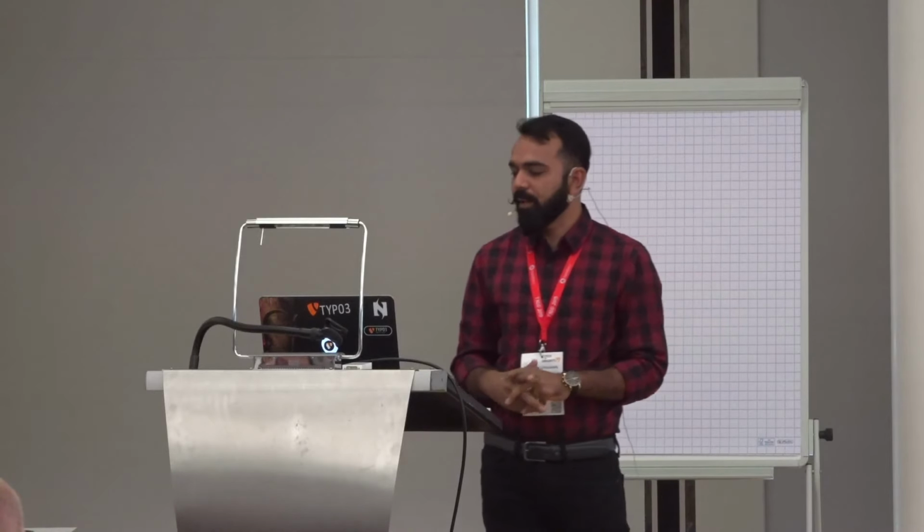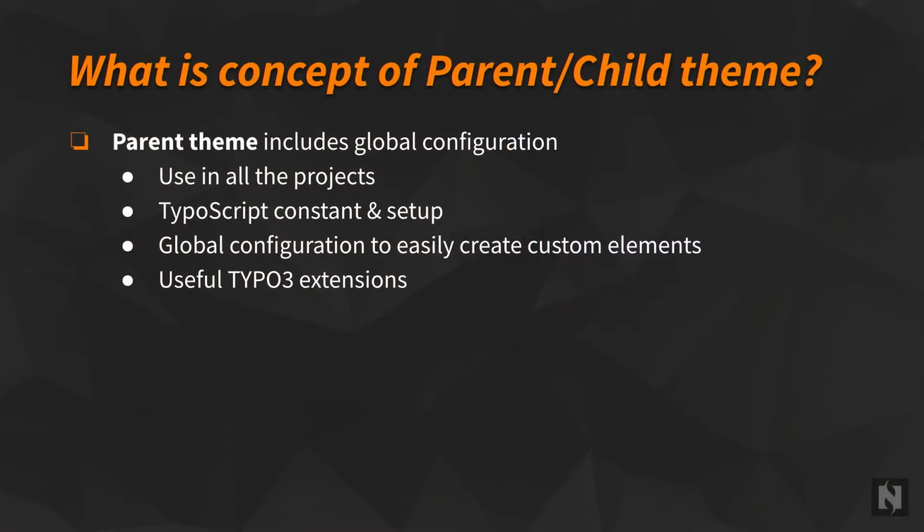So basically, what is the concept of a parent-child theme? What we are doing in our agency is creating two extensions for each project. One is the base extension, that's the parent, and one is the child extension, which holds the exact customization of the particular site, right?